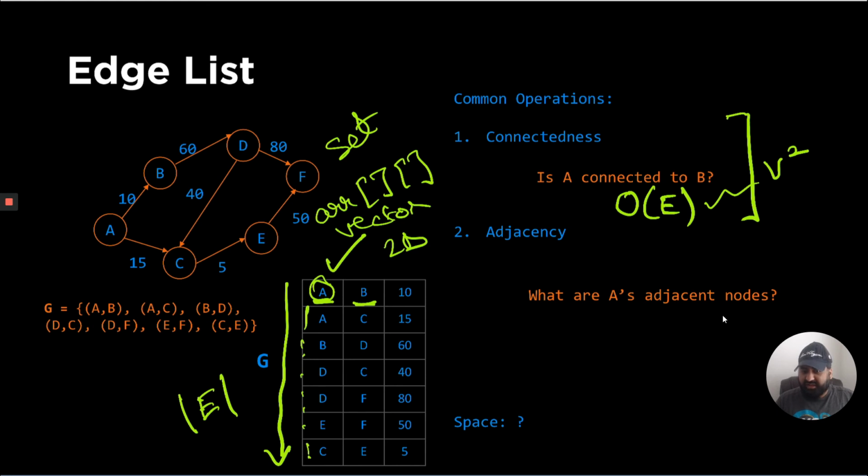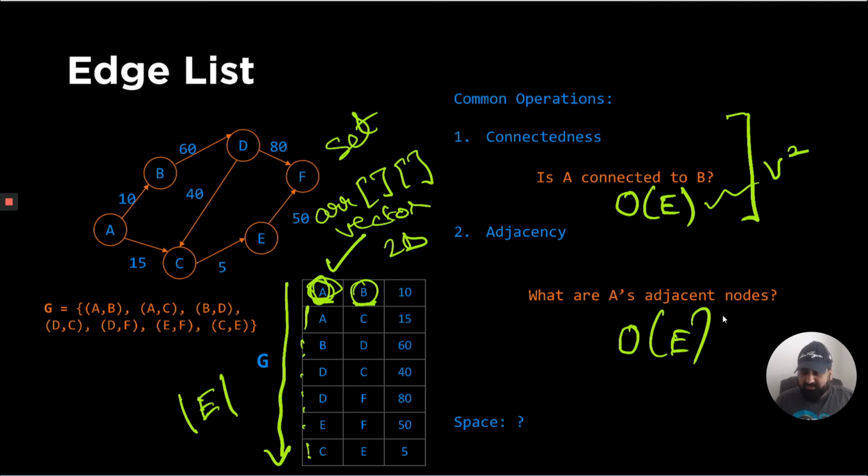In case of a directed graph, you have to check both the left one and the right one, to make sure it could be on either side. So this is again going to take O of E time to find A's adjacent nodes.